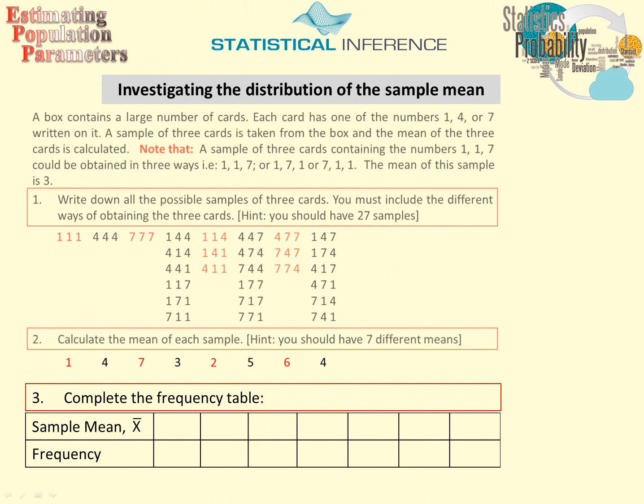Now complete the frequency table. There are the sample means, and the frequencies. So there are 7 with a mean of 4. Those 6 and that one.